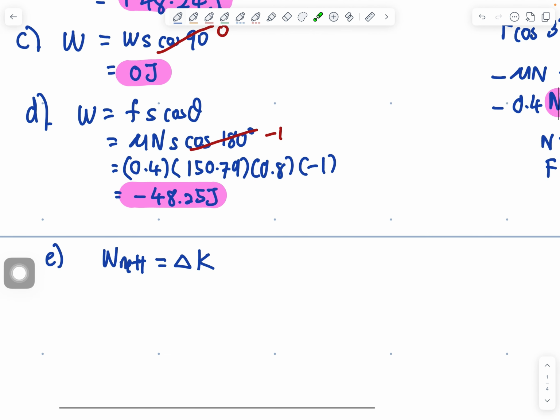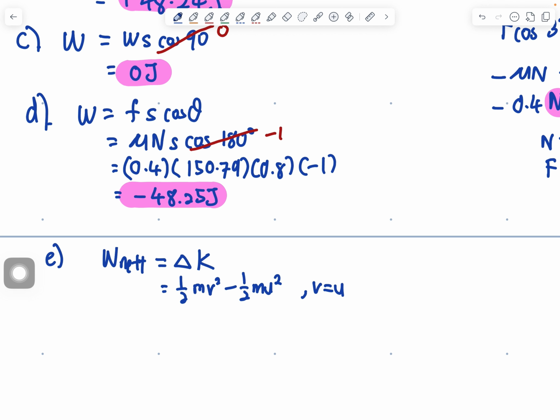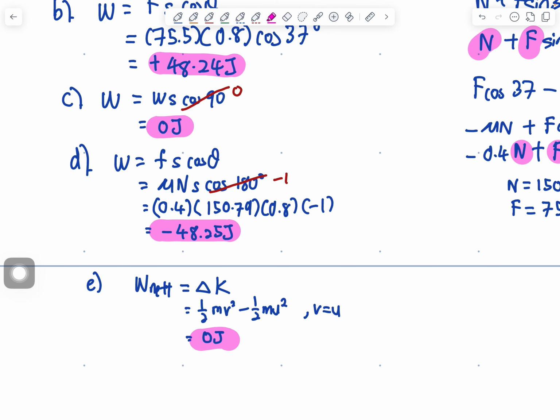If you expand this into half m v squared minus half m u squared, since v is equal to u for constant velocity, you will end up with 0 joule. So in this case, since it is moving with constant velocity, the net work done is 0.